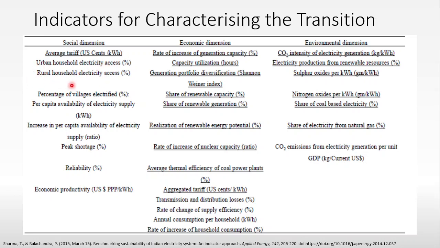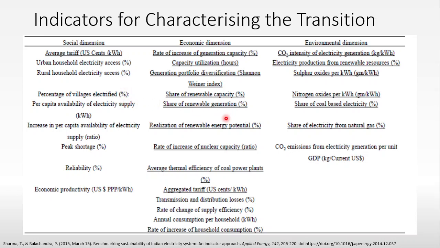Rural households also need to be 100%. Although like I said, 100% of the villages are electrified, not the households, so we need to achieve that also. The percentage of villages electrified is already at 100% now.